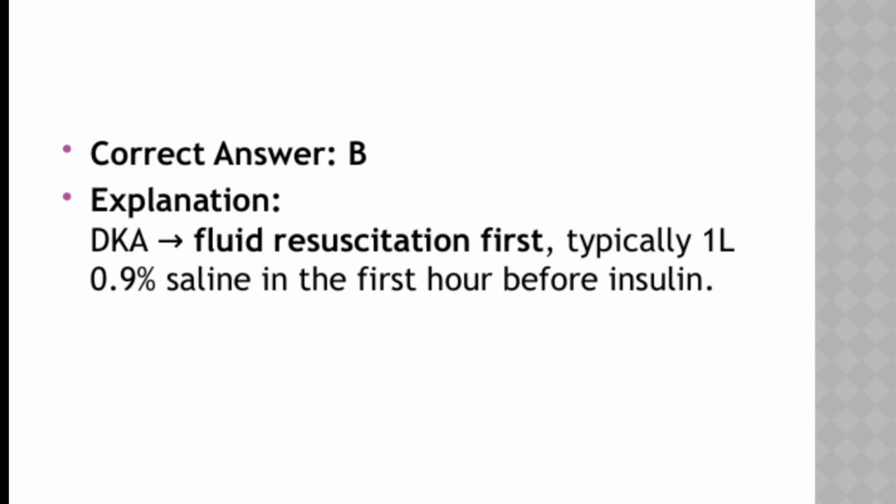This rapid fluid replacement helps restore circulating volume, improve tissue perfusion, and prepare the patient for further treatment, including insulin therapy. Remember, the priority here is to stabilize the patient's fluid status before addressing the hyperglycemia and ketosis with insulin. This step is fundamental in preventing complications and ensuring a safe and effective recovery process.